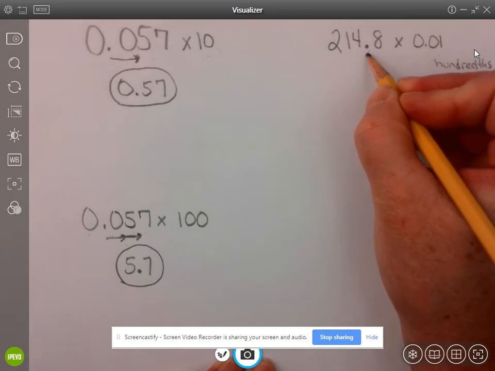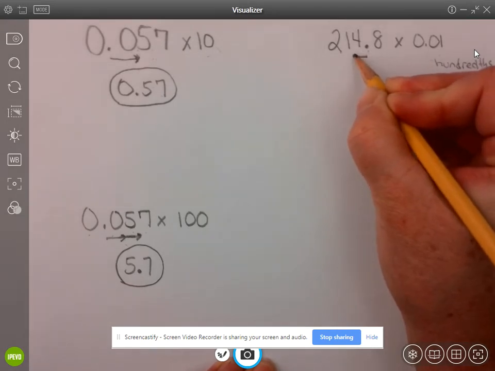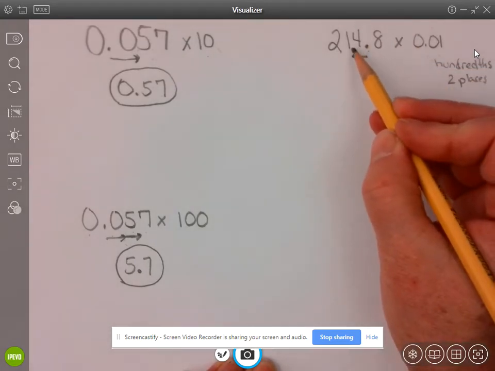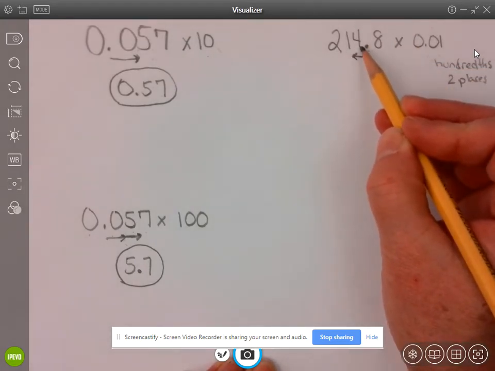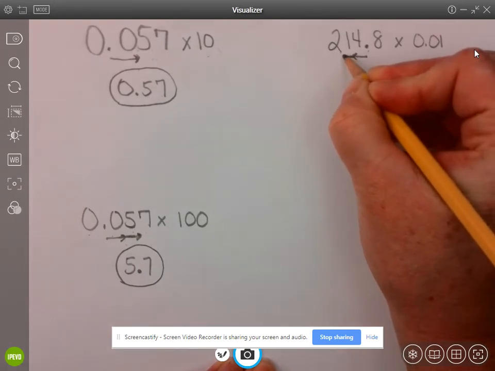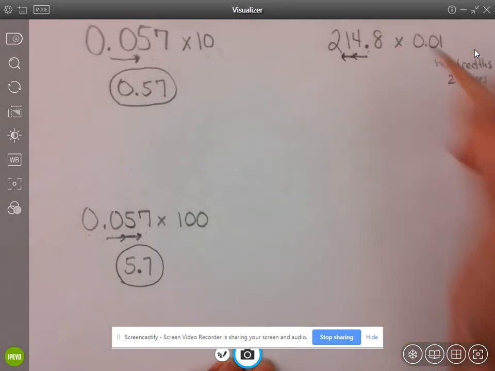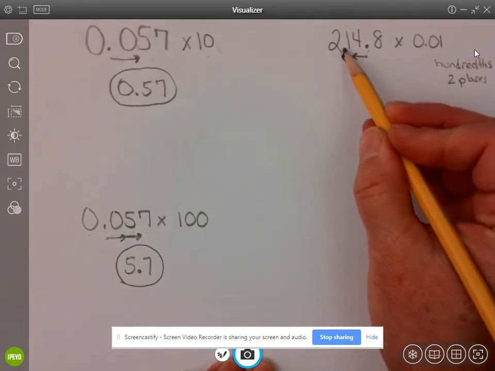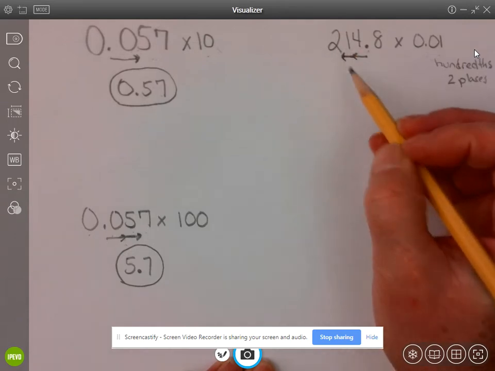So my decimal point starts here, and I move it 1. Notice that the arrow is going to tell me that my decimal is going to land in between the 1 and the 4. And then I'm going to start at the 1 and move it that second place. It's going to move from the right of the 1 to the left of the 1. So notice that my decimal point is going to be in between the 2 and the 1.